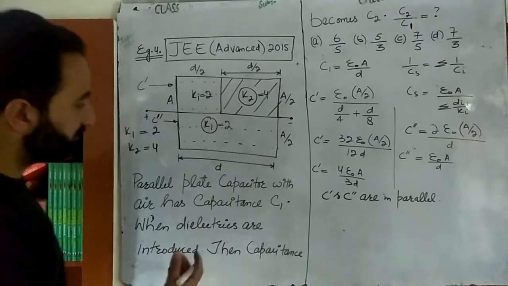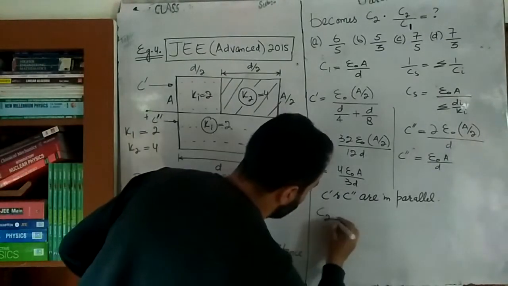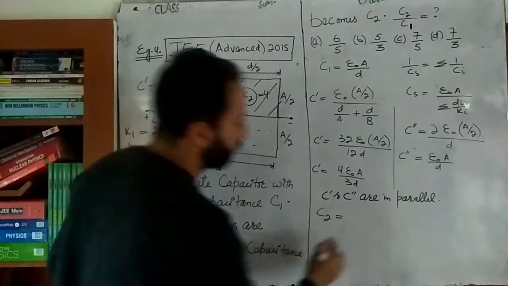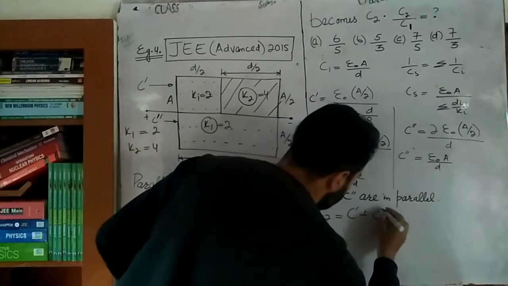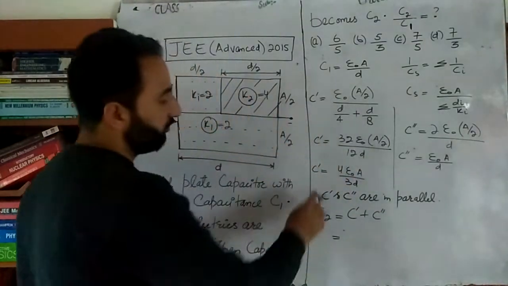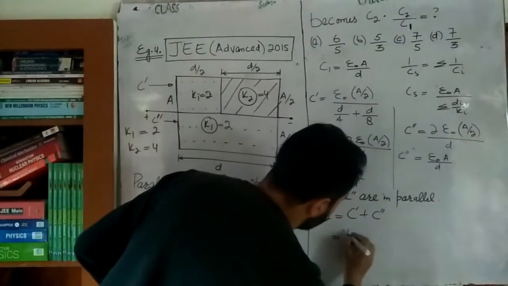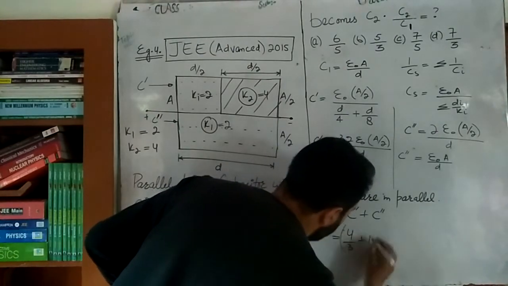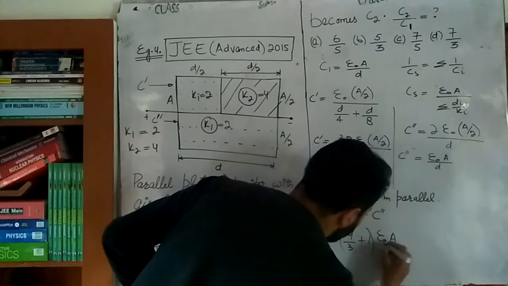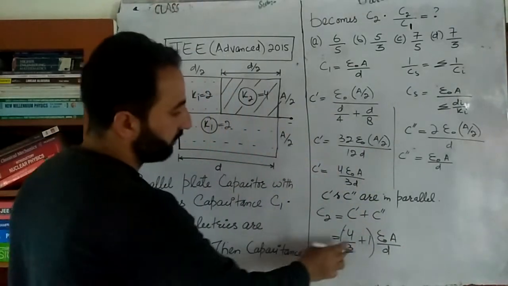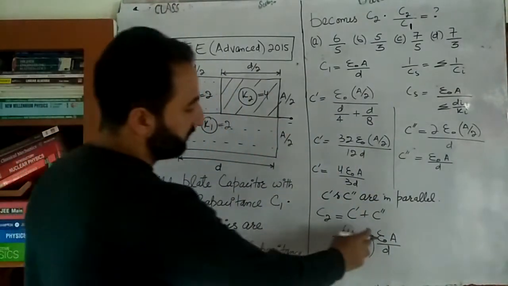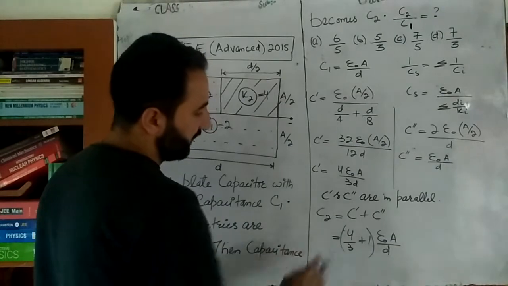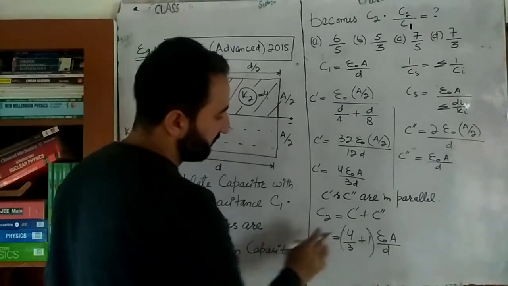C dash plus C double dash, and that will be C2, because C2 is the equivalent capacitance when dielectrics are introduced. So it will be C dash plus C double dash, isn't it? So it will be how much? That's 4 by 3 plus 1, like this: 4 divided by 3 plus 1, into epsilon naught multiplied by A divided by D. Now go for the cross multiplication. So 4 plus 3 is 7, 7 divided by 3.